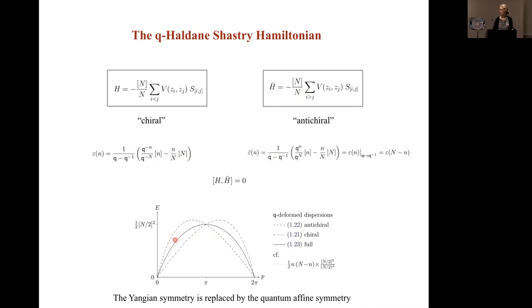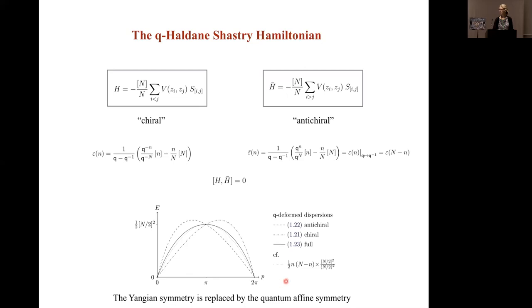So here there is a picture of the individual Macdonald dispersion law for the two versions, chiral and anti-chiral, of the model, and then if you want to add them together, you'll get something which is more symmetric, and which slightly deviates from the Haldane-Shastry dispersion relation.